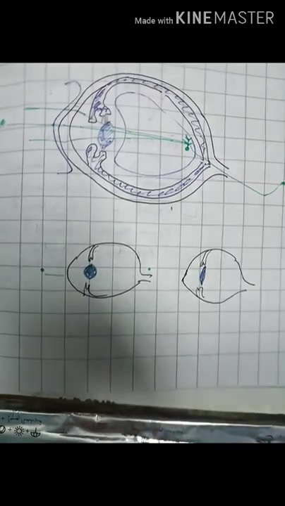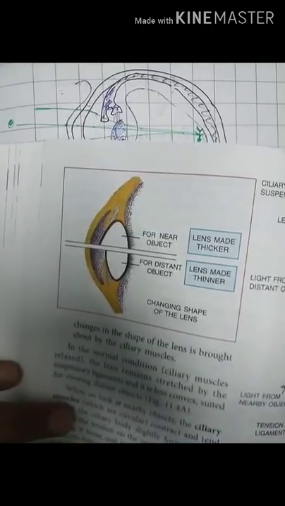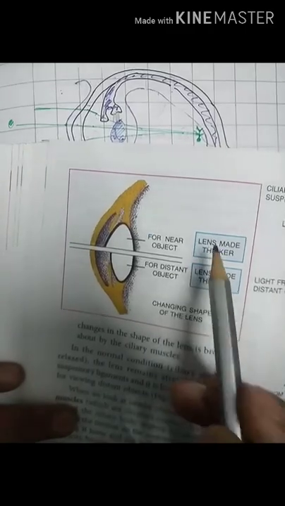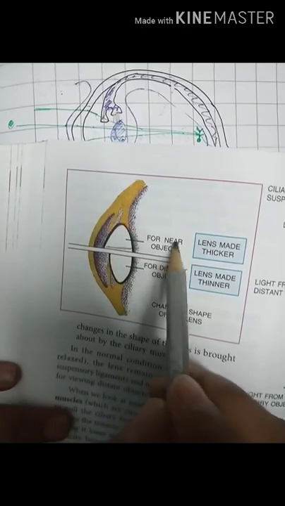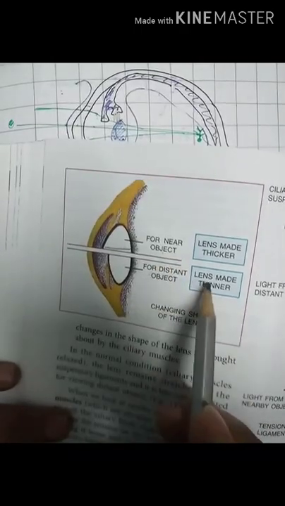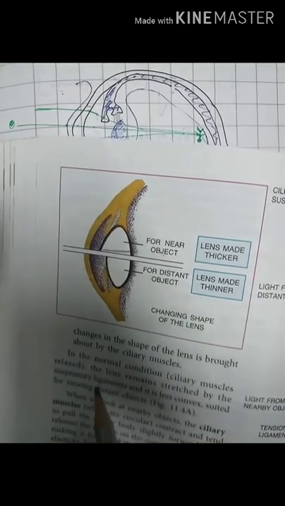Clear? It is also given in your book: the lens is made thicker for near objects, and thinner for distant objects.